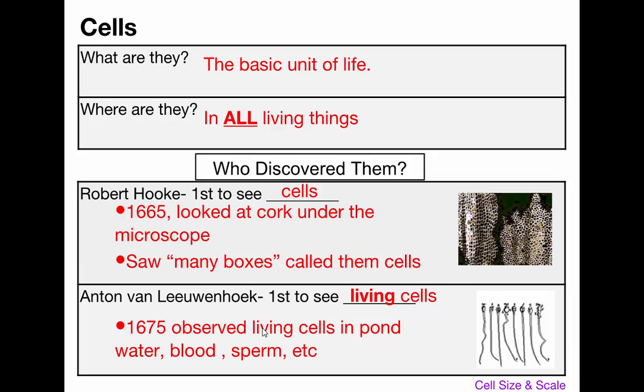He looked at blood, and noticed it's not just a red liquid, it's actually a clear liquid with these red cells floating along in it. He looked at sperm and saw that the sperm cells were individual living cells that were moving around. And so these are all cells that are actually alive, and these are cells you couldn't see without a microscope.